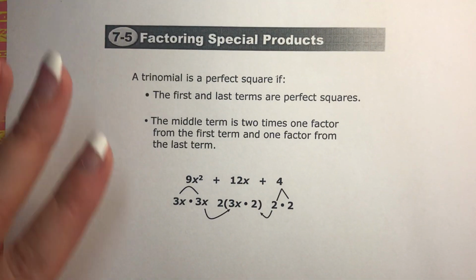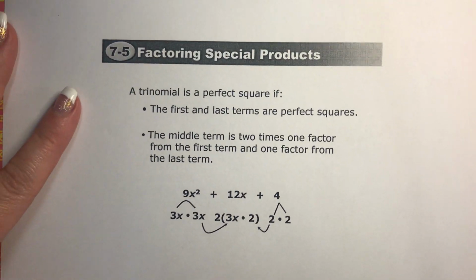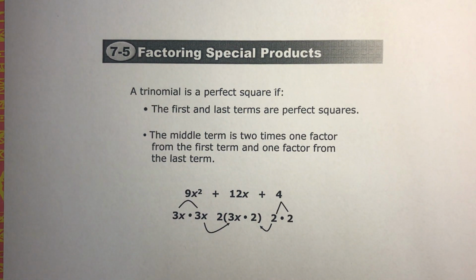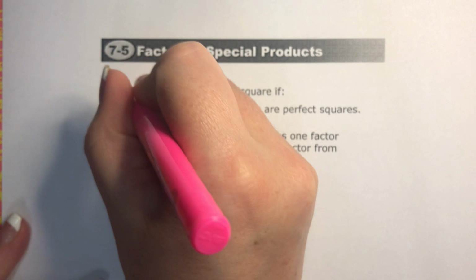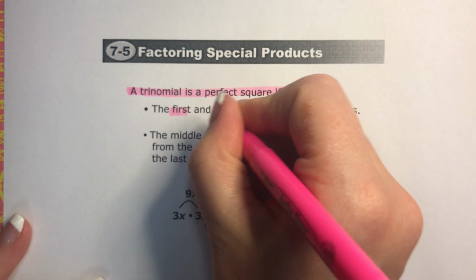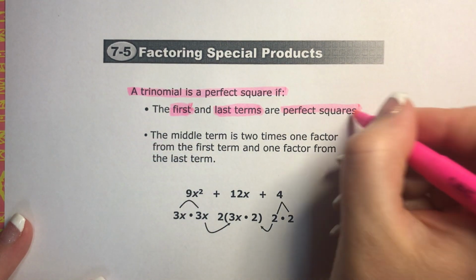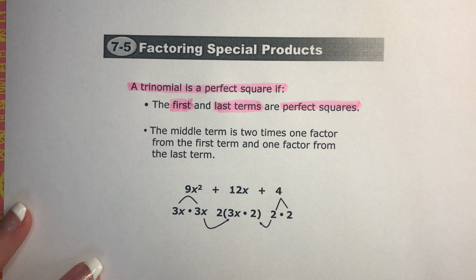Okay, so let's first talk about this first one, perfect square trinomial. A trinomial is a perfect square if the first and the last terms are perfect squares. Okay, so that's the easiest one to see. So remember the first and the last term.